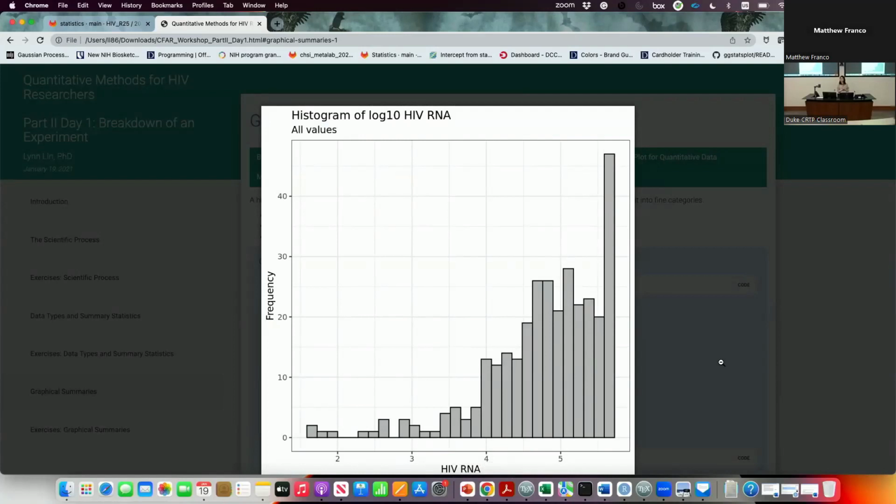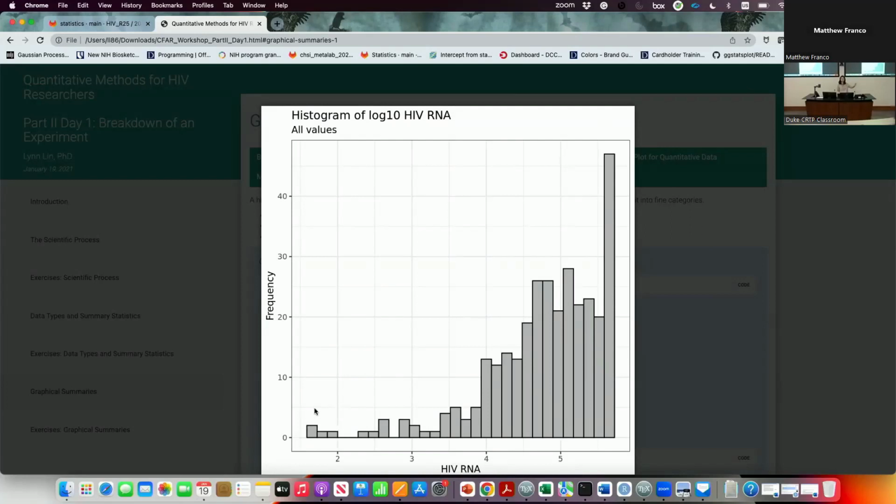The mode is the highest value? The mode is the highest value. You are saying this one, right? Yes, okay. It's also skewed, so we see a lot of people with high HIV RNA. So for example, we could say the majority of people have an average greater than 3.5, but we see some outliers.